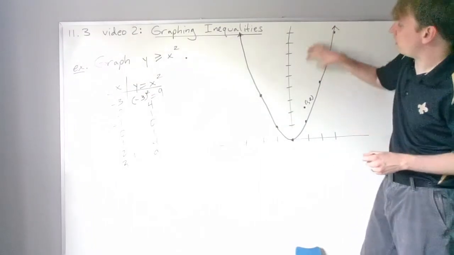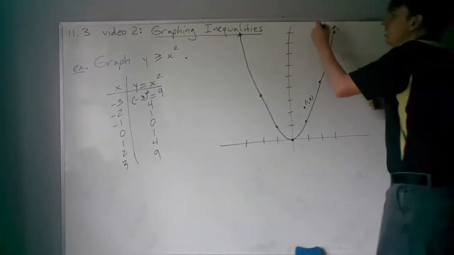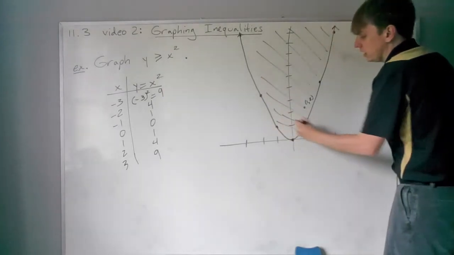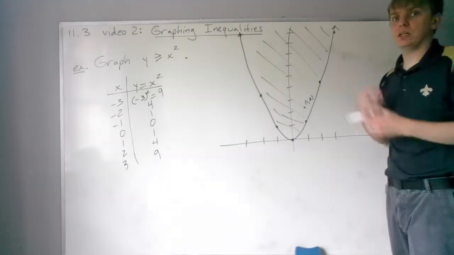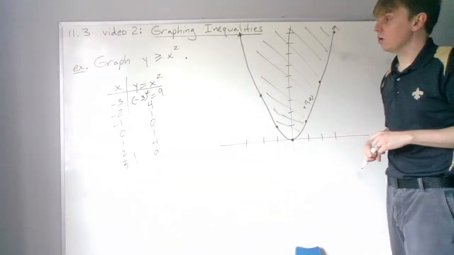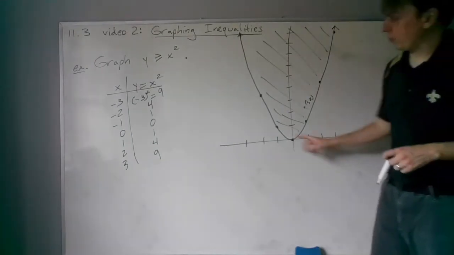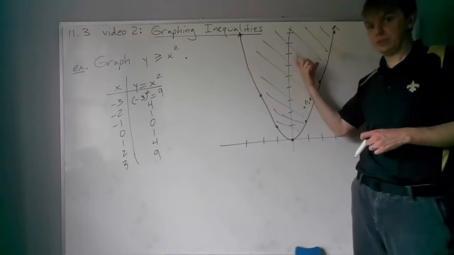So all the points that are above the parabola, so I guess inside the parabola is one way to think about it, all of these points are going to have their y value even bigger than the y values that are on the parabola, which means that they're going to make the inequality true. So my graph of y is greater than or equal to x squared would be the border of the parabola along with everything inside it or everything above it.